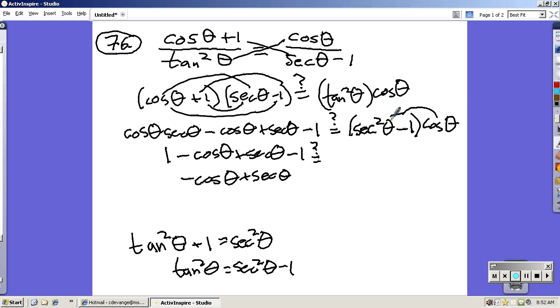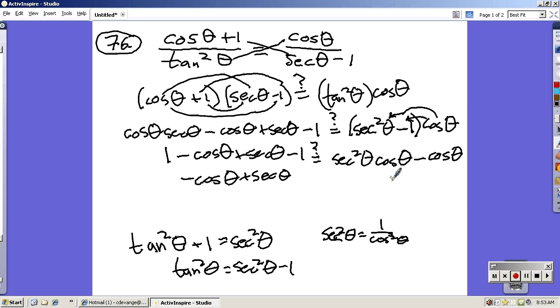So I'll keep going from here. Distribute this cosine into there, multiply it here and here. So I basically have secant squared times cosine minus 1 times cosine, which is cosine. And let me think about secant. I know that secant, excuse me, secant is 1 over cosine. So secant squared is 1 over cosine squared.